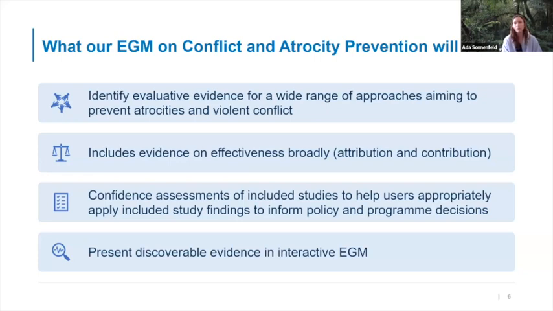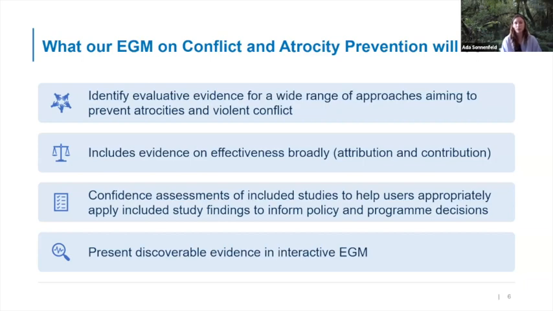That's both the quantitative impact evaluations that attribute how a particular program or intervention has led to an outcome of interest. These studies will say exactly to what extent an observed change was caused by the program or intervention.